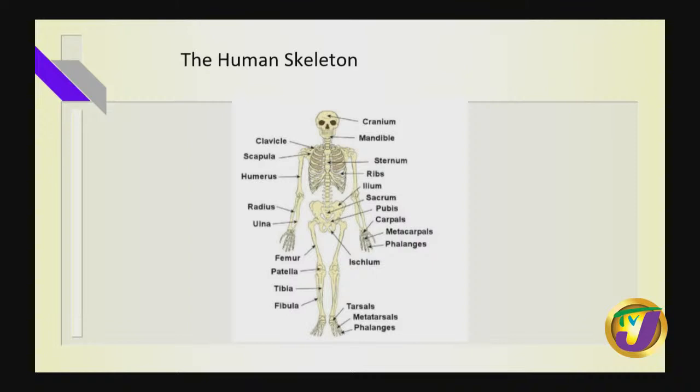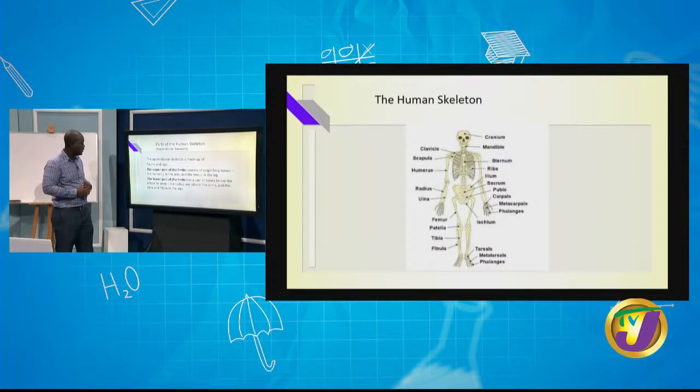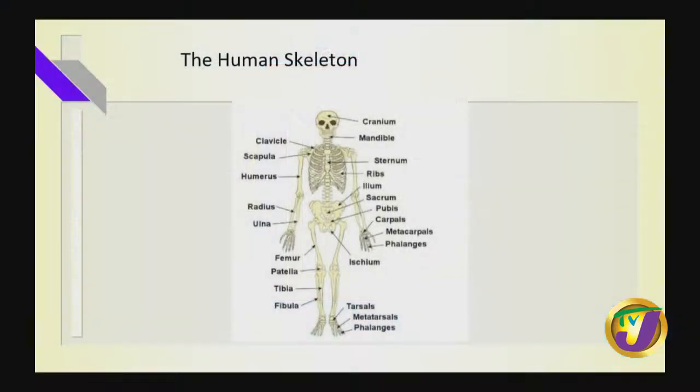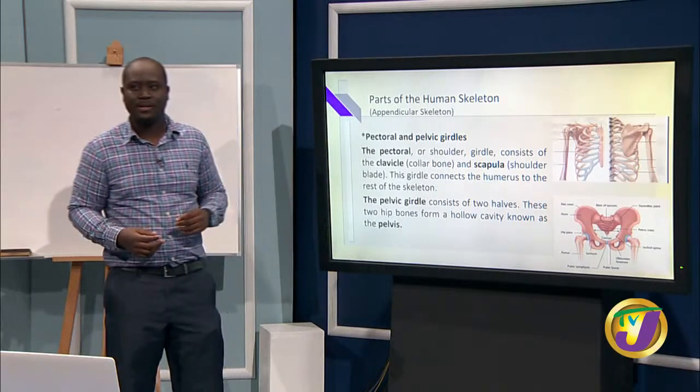In the upper arm, you have the humerus. In the upper leg, you have the femur, and the patella, which is the kneecap, and the tibia and fibula, which are your lower leg. And going down, you have the tarsals, metatarsals, and phalanges. I said it might be overwhelming now, but I tell you, you'll get it in time.